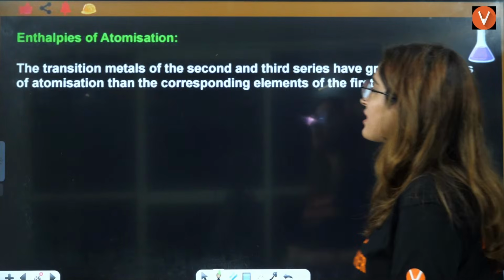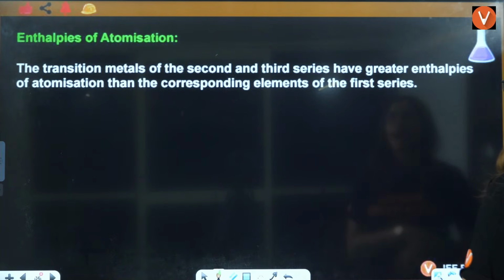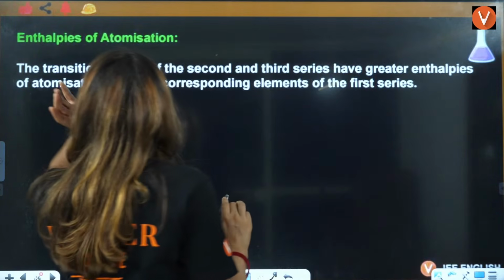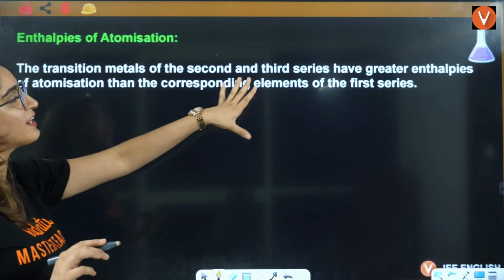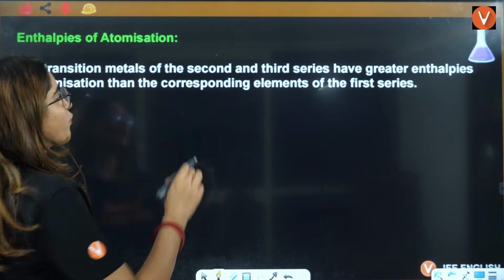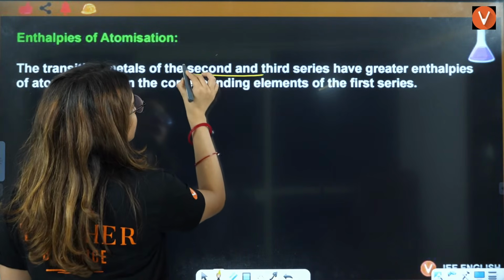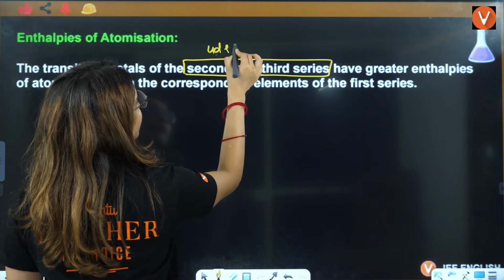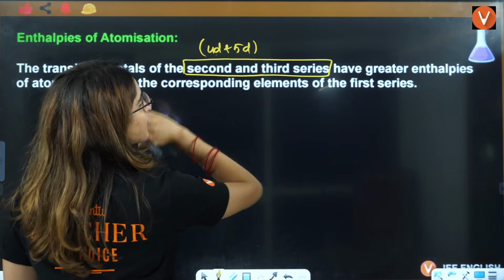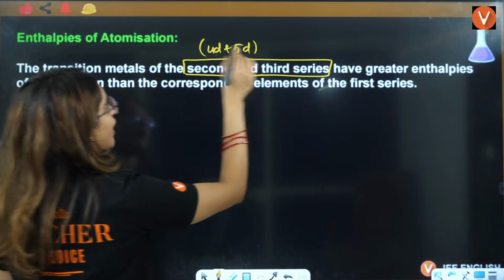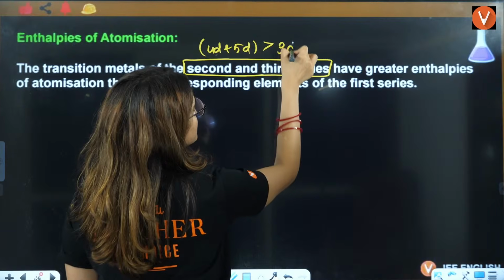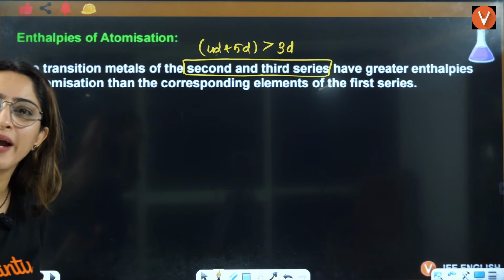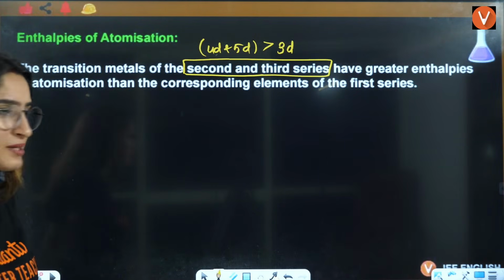Now, the transition metals of the second and third series have some exceptional things here. What are the second and third series, everybody? The 4D and 5D series have greater enthalpy of atomization as compared to 3D. Can you tell me the reason behind that? I told you somewhat it will be the same.